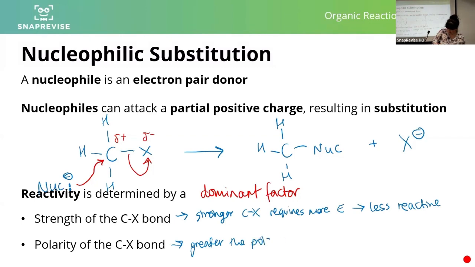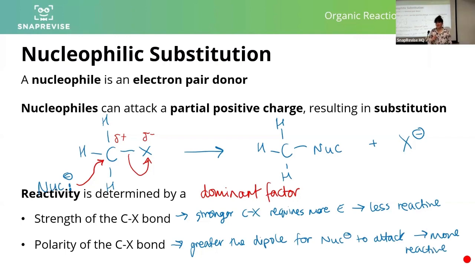The greater the dipole, so the bigger the electronegativity difference, and therefore the greater the dipole, for the nucleophile to attack, the more reactive it's going to be. So we have got two conflicting factors.